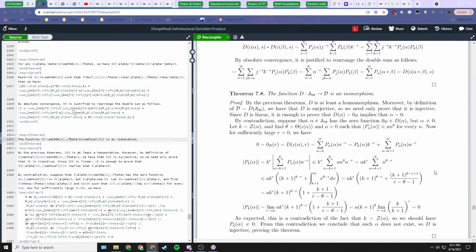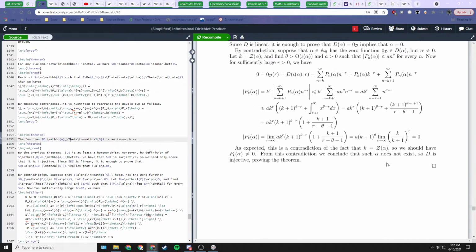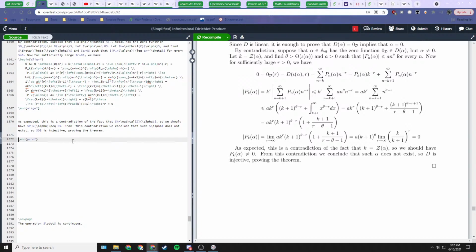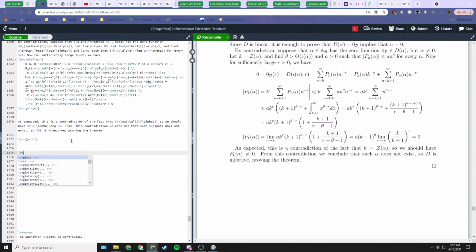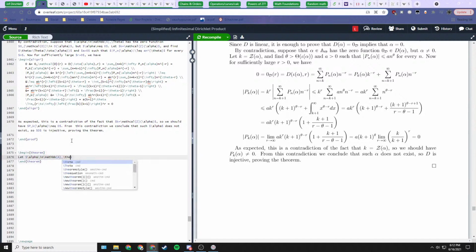So we have this. I think the next thing we need to do is, there's a proof about some continuity property of the D function. So the theorem is, we'll say let alpha be in A sub theta, and here we're going to have a sequence actually.